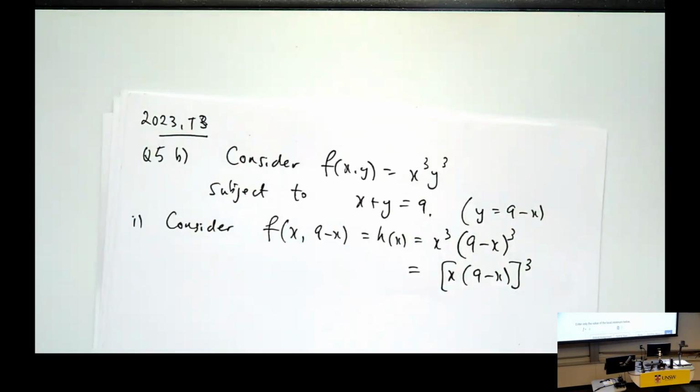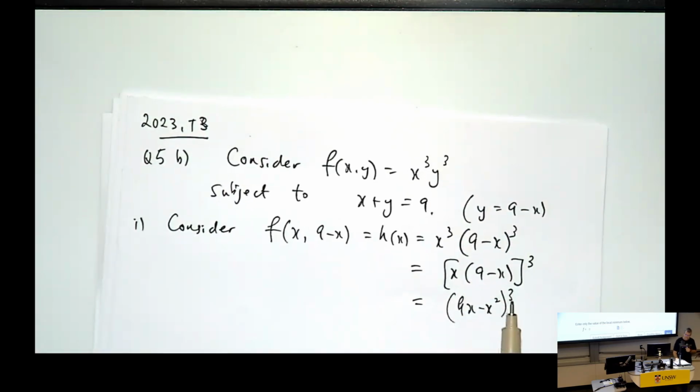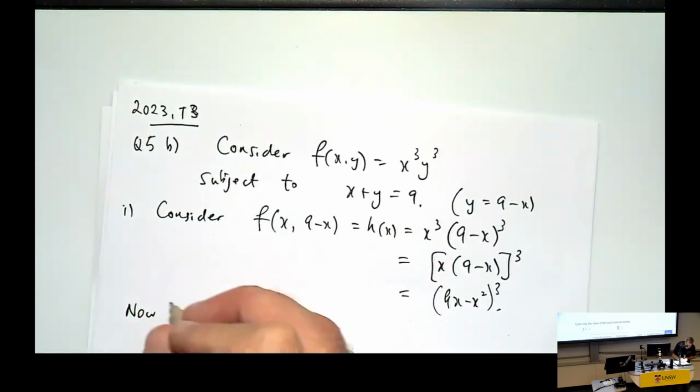And then you can think about differentiating that, setting it equal to 0, finding any turning points. That's definitely one way to do it. So if I'm differentiating that, what's going to happen? Well, the 3 is going to come to the front, the derivative of what's in here is going to come to the front, and I decrease the power by 1.